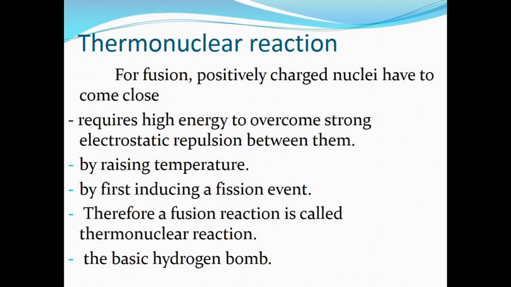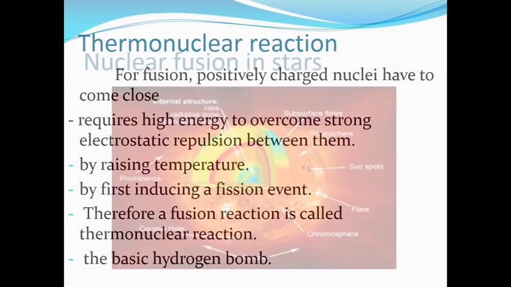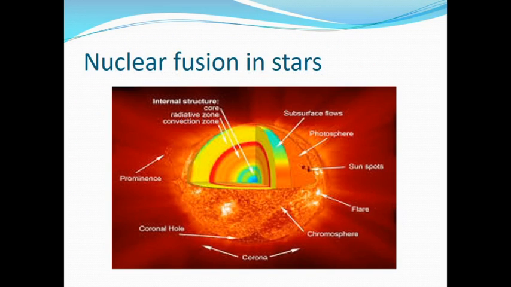The hydrogen bomb is working on the principle of high temperature. Here is a picture showing the nuclear fusion reaction in stars. No need to study it, just look at the several layered structure inside a star.